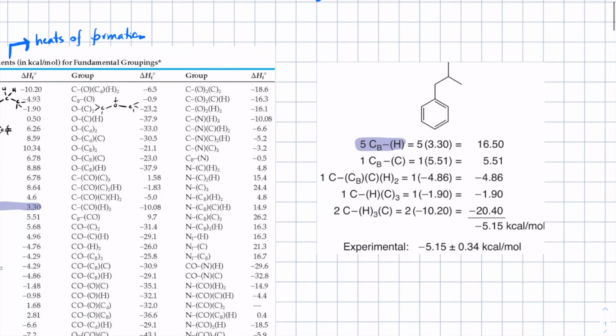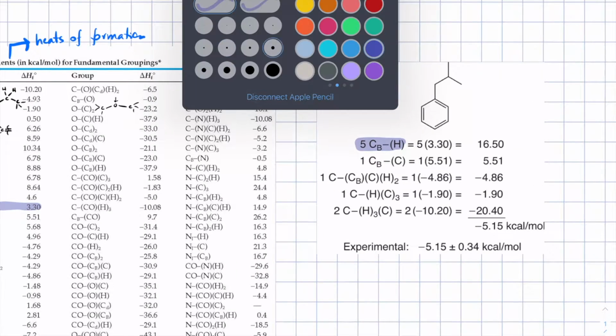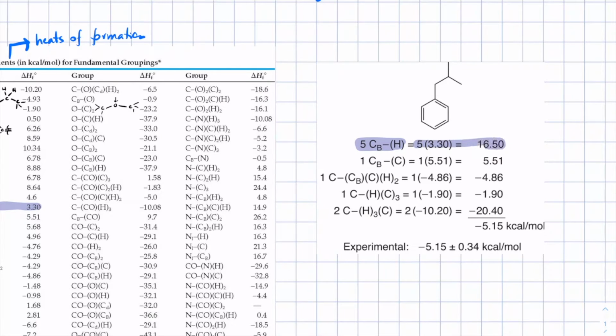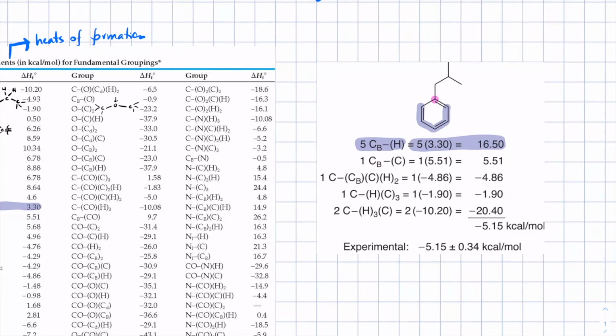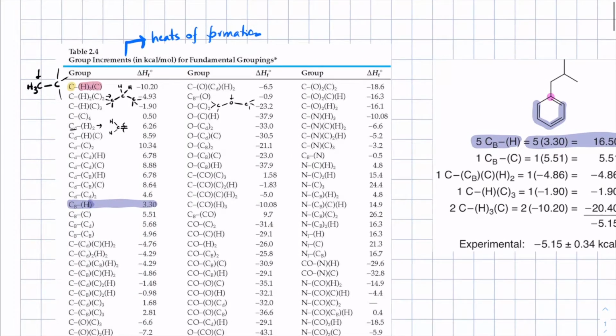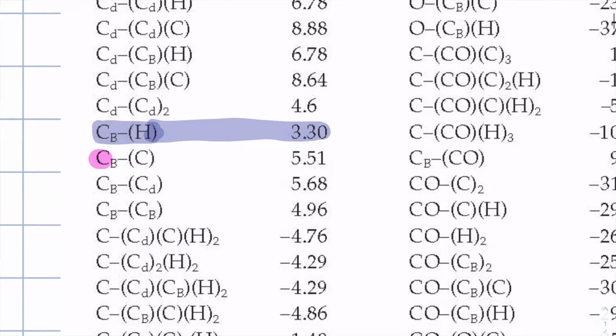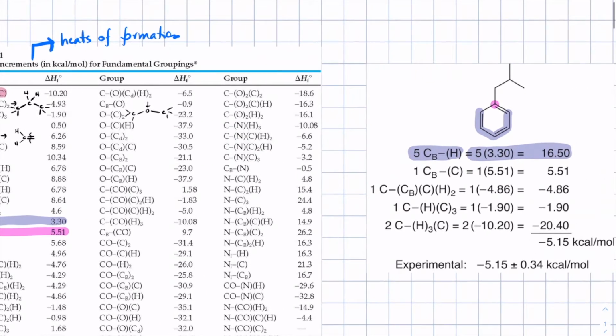So we go ahead and do that math here, and that tells us the contribution of the 5 carbons of the benzene ring. We have a 6th carbon in the benzene ring that is bonded to another carbon. So we come back here and we see a benzene ring that's bonded to another carbon, and we see its group increment of 5.51.